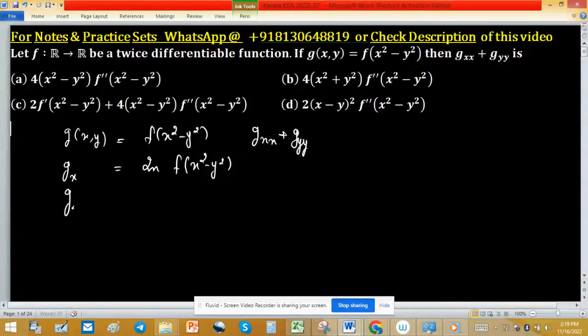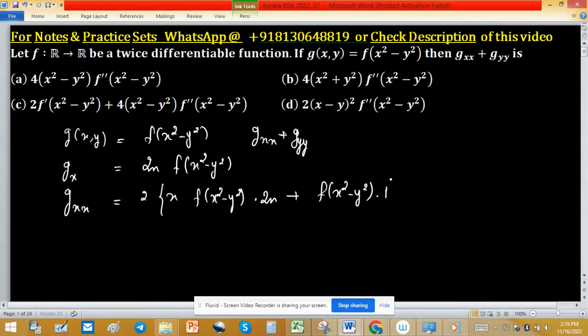Now differentiate again with respect to x. We will have 2x f double dash of x square minus y square into 2x plus f dash of x square minus y square into 2. So this is our gxx.